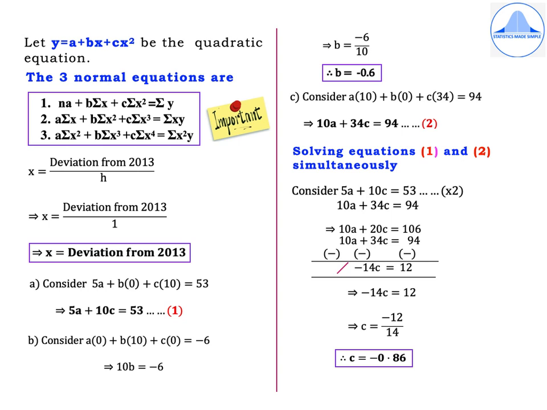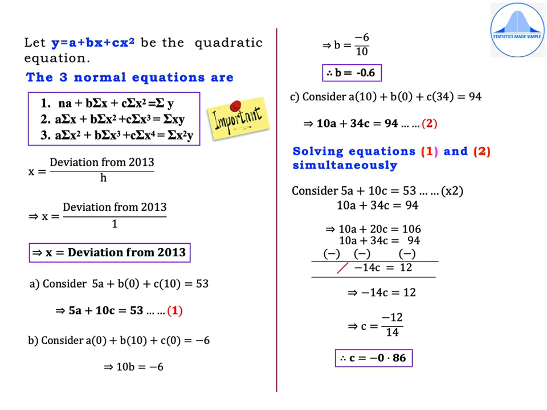So once we do all the calculation and obtain all the totals, substituting for n and for all the totals in the three normal equations, we get in the first normal equation, 5a plus b into 0 plus c into 10 equal to 53, which implies 5a plus 10c is equal to 53, which I call equation 1.